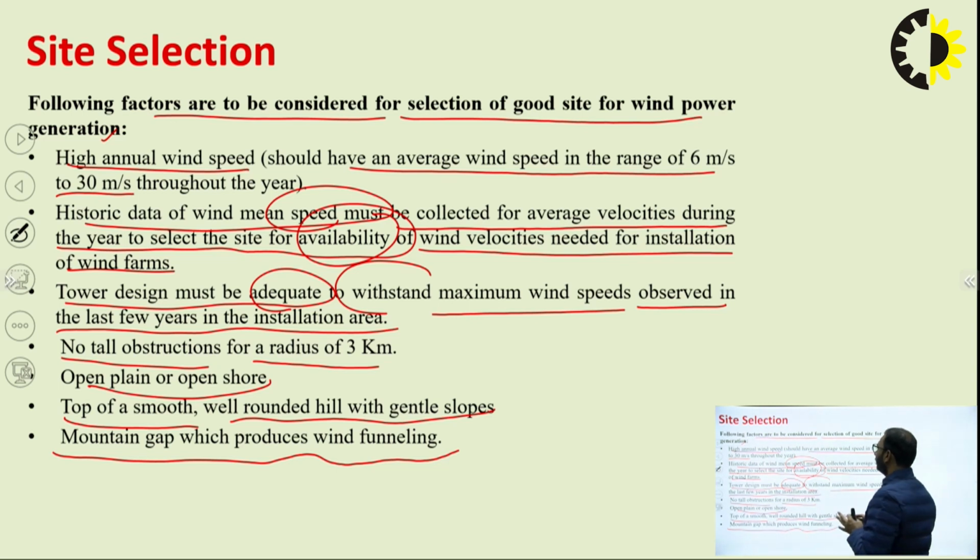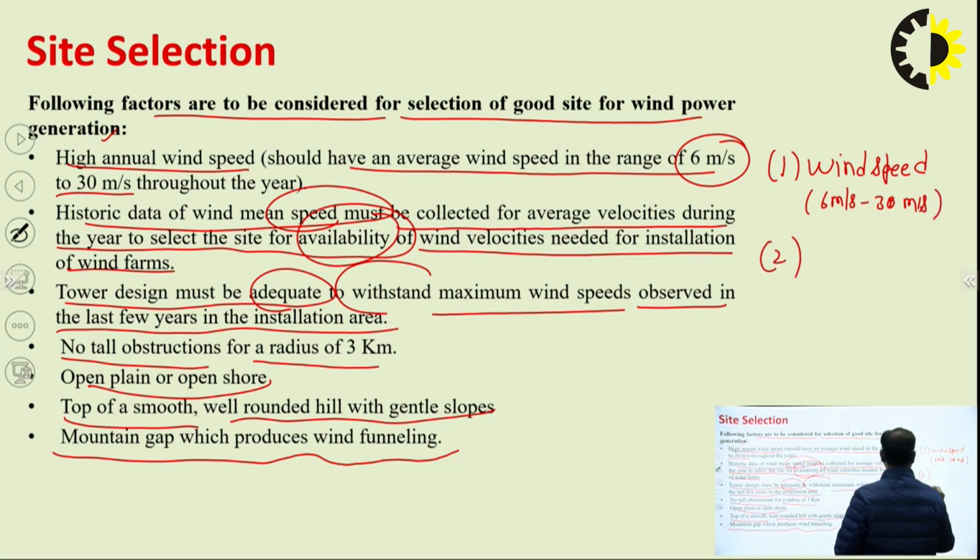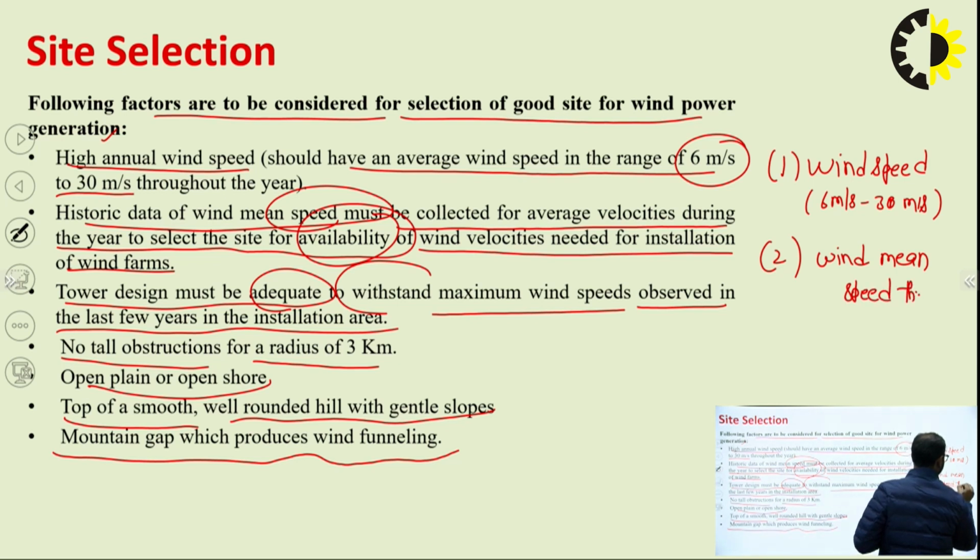So the main important factors are: first one is wind speed, it should lie between 6 meter per second to 30 meter per second throughout the year. Then second important factor is wind mean speed throughout the year.